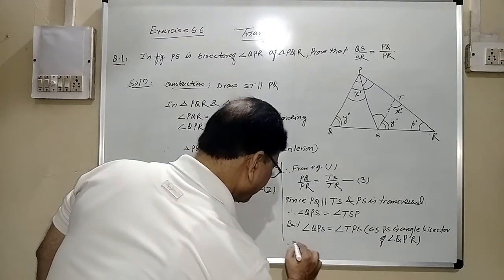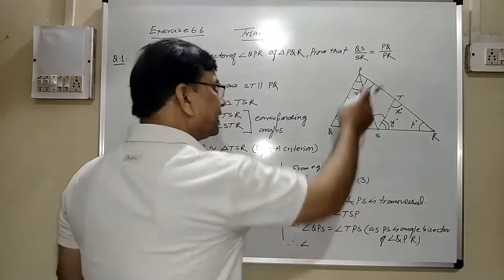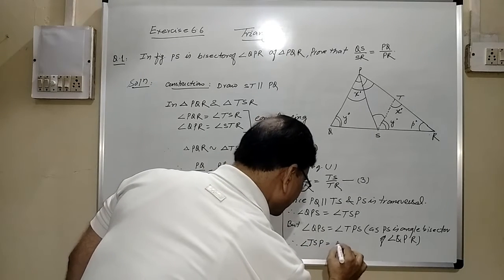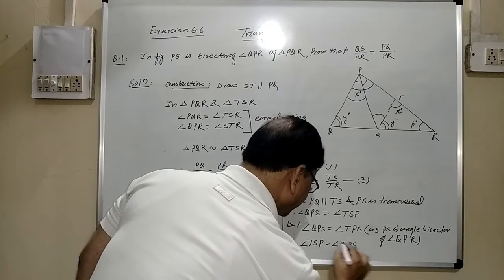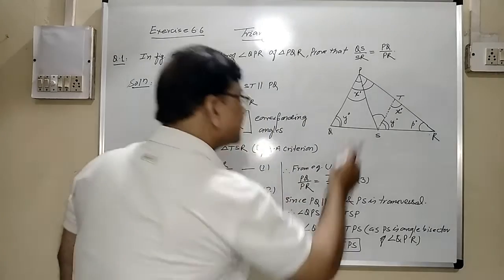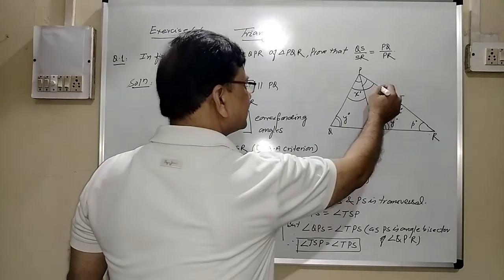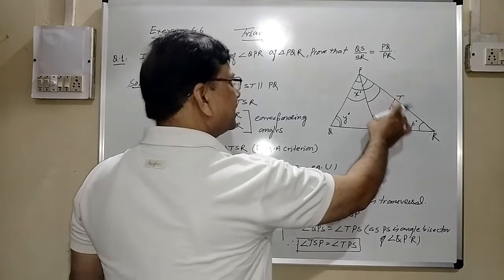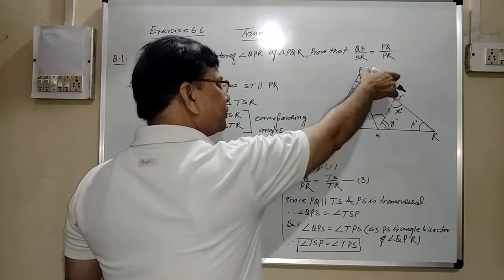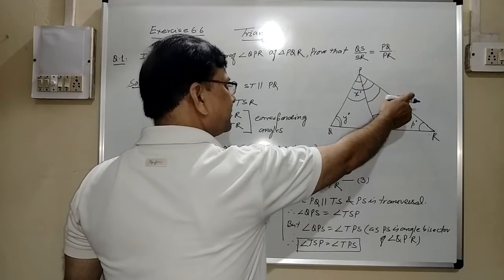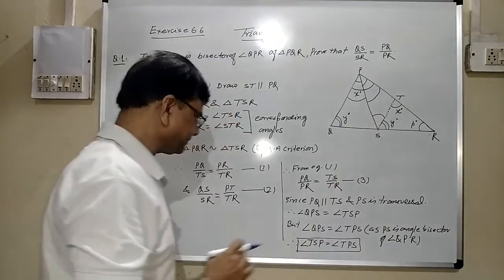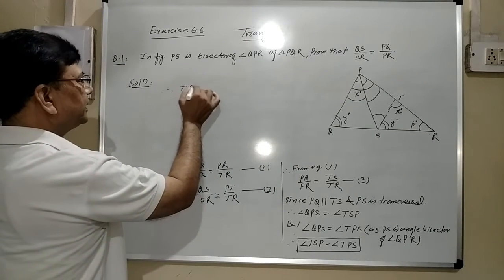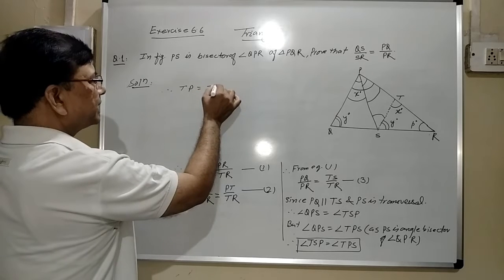Therefore angle TSP is equal to angle TPS. This angle and this angle are equal. Therefore, the sides opposite to these, TP is equal to TS.